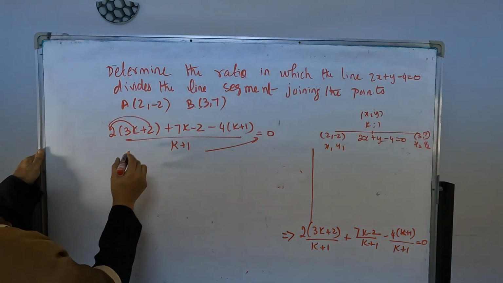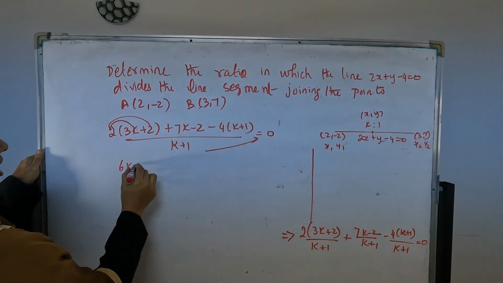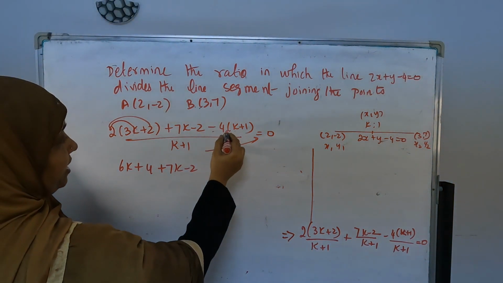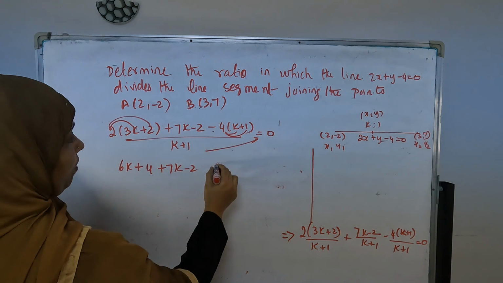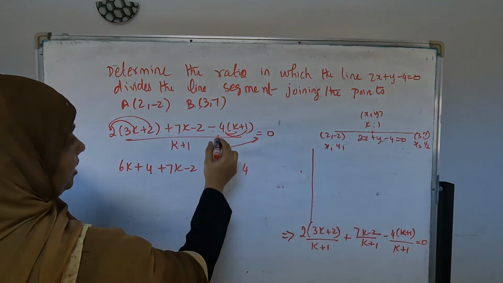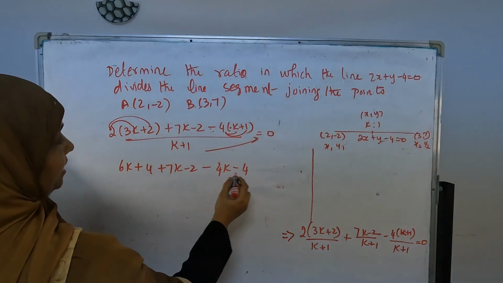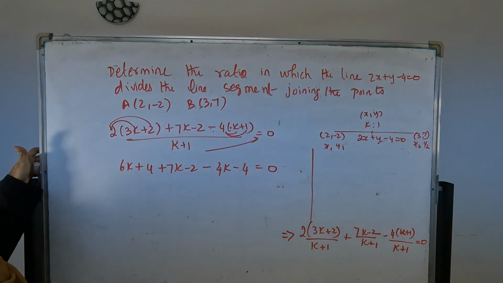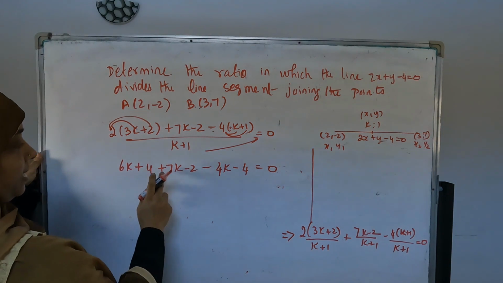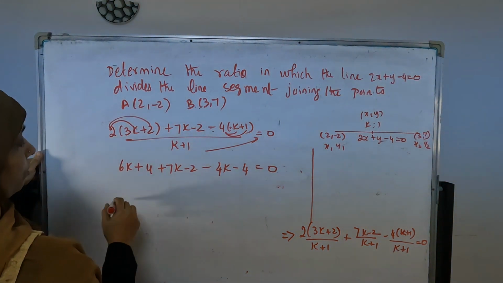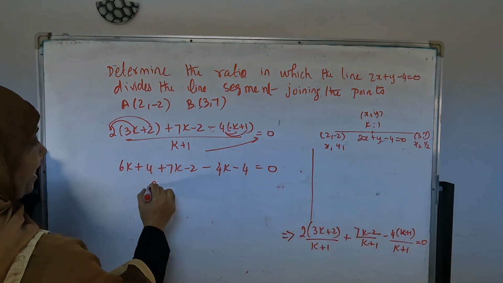Now you start to distribute. 2 3s are 6k plus 2 2s are 4 plus 7k minus 2. This minus you distribute inside: minus 4k and minus 4. Here plus symbol, so plus, minus, minus, plus, minus, minus equal to 0. Now combine like terms together. 6, 7, 13. 13 minus 4 is 9k.